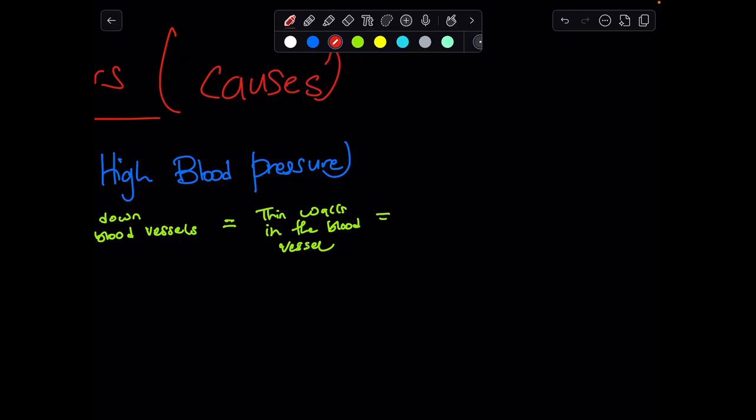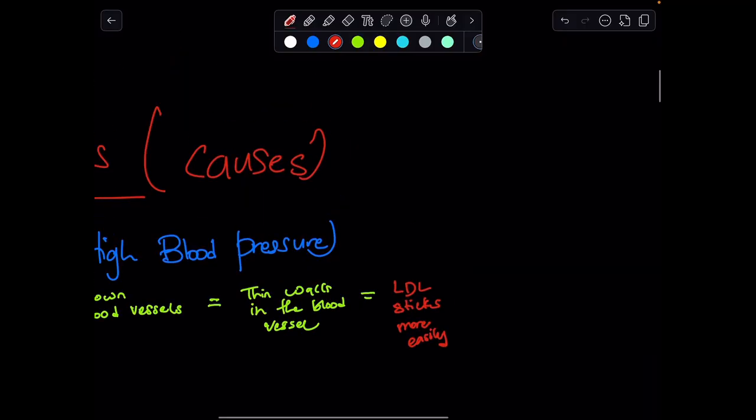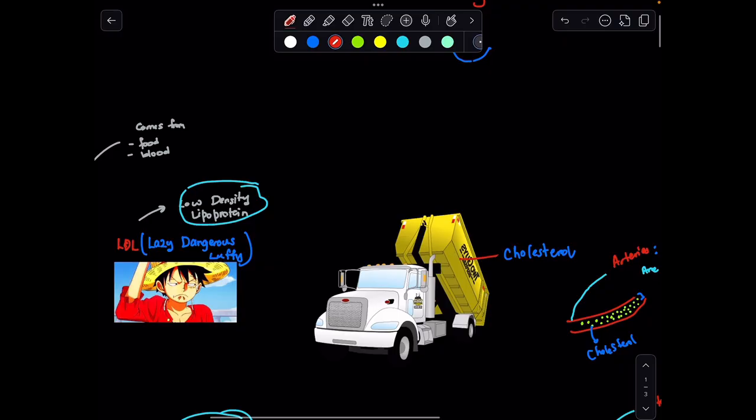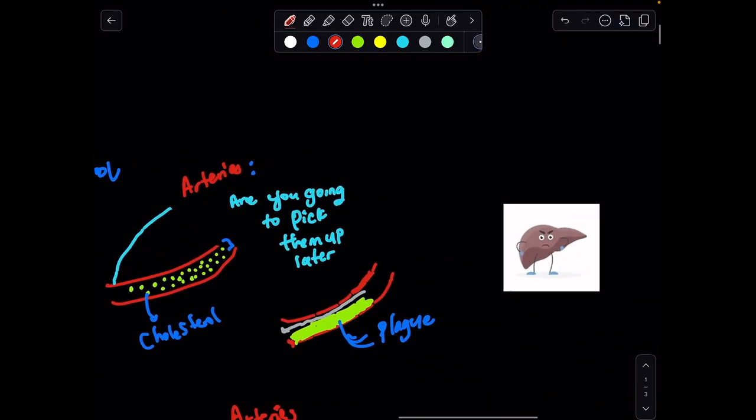Thin walls mean that LDL sticks easily. Guys, this is very important. Remember, lazy dangerous Luffy drops off the cholesterol in the arteries, leaves it there, forms a plaque.